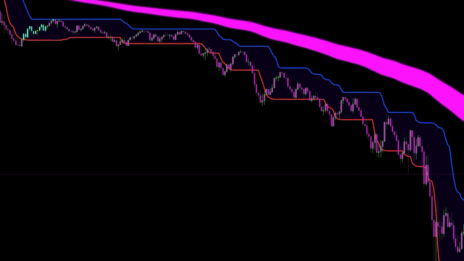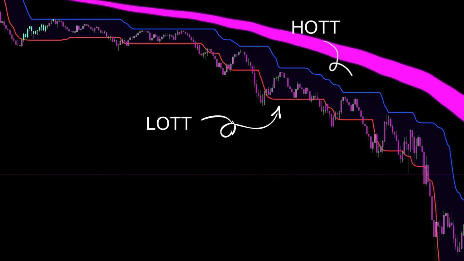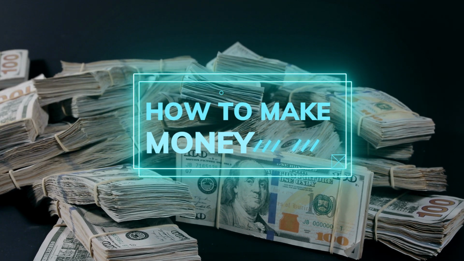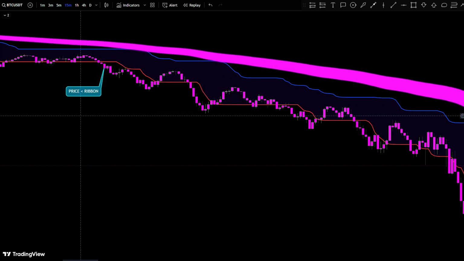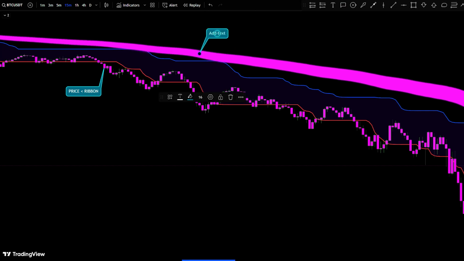So this HLOTT indicator gives us a band with two lines, the HOTT line and the LOTT line. Think of them like guardrails showing us the potential range of price movements. Now here's where the magic happens, where we turn this into actual trades. First, we want to make sure we're looking at a downtrend. Remember that cloud we set up? We want the price candles to be hanging out below the cloud.